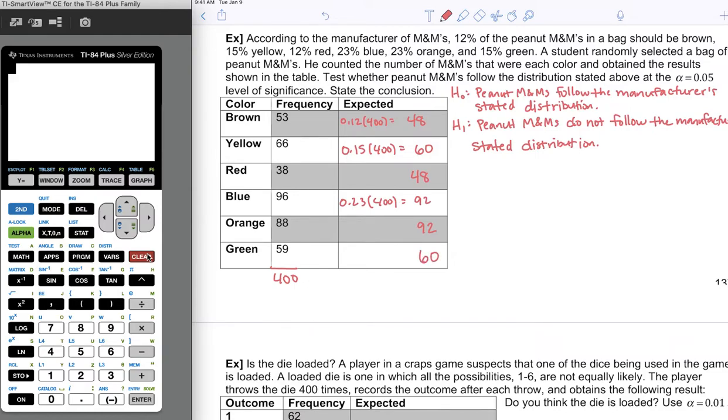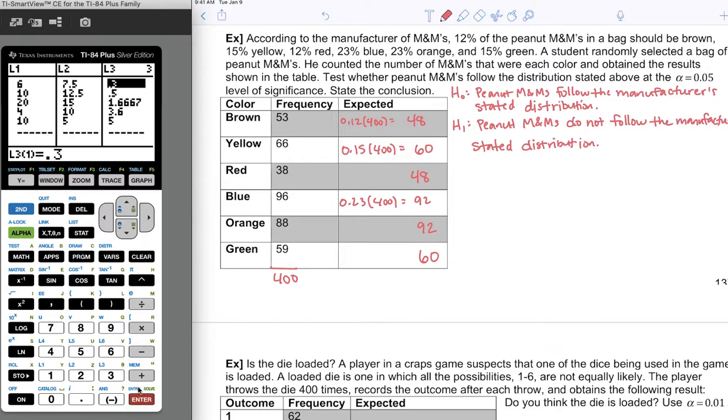So notice that the percentages themselves are not the expected counts. These percentages get multiplied by the total to find the expected counts. So now we can go ahead and start typing these into our lists. I'm going to go back into Stat Edit, and I'm just going to type over these values here.